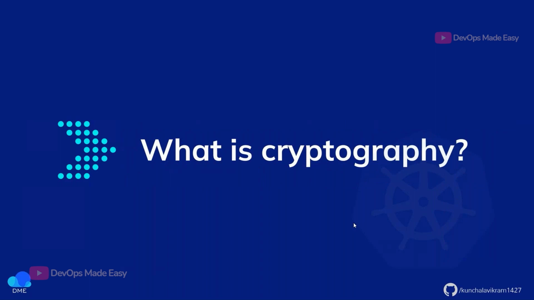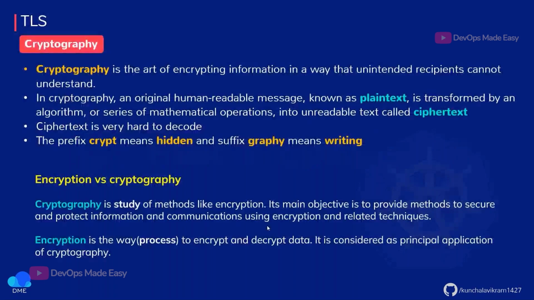Right now we are trying to understand the concepts behind encryption and cryptography. Before implementing TLS certificates or the HTTPS protocol, let's understand what cryptography is. Cryptography is the art of encrypting information so that unintended recipients cannot understand or decode that data.